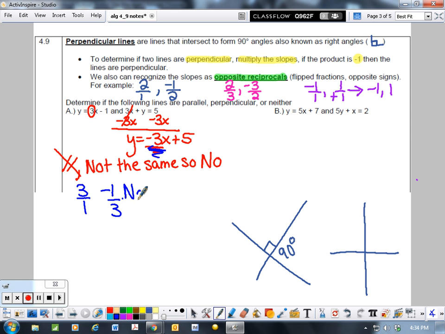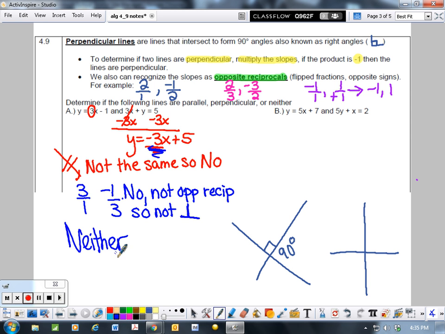No. So not opposite reciprocals, so not perpendicular. The symbol we use for perpendicular actually looks like two perpendicular lines. So that means our answer is neither. They're not parallel, they're not perpendicular, so this is neither.